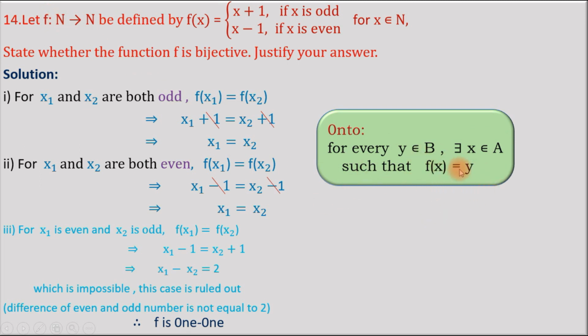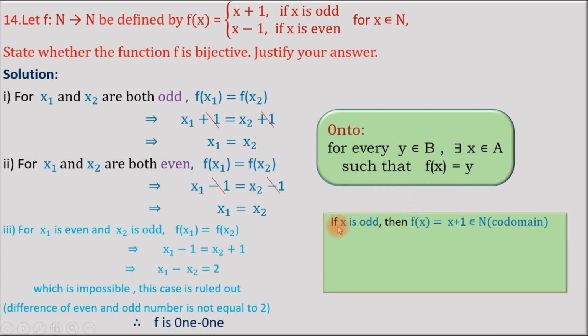Similar to the previous problem, for every x belonging to the domain of natural numbers, its image y belongs to the codomain of natural numbers. Hence, this function is onto. Let me check that. If x is an odd number, then f of x equals x plus 1.